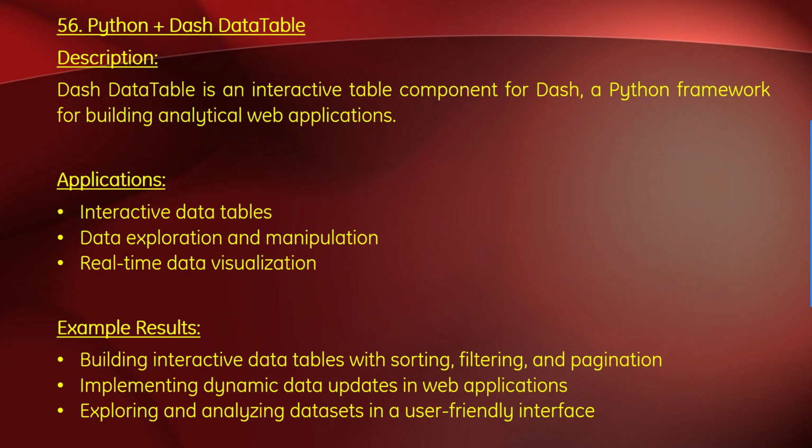This is used in most CRMs where you can see the purchase of goods, the total income made for today, etc. Examples include building interactive data tables with sorting, filtering, and pagination, implementing dynamic data updates in web applications, and exploring and analyzing datasets in a user-friendly interface.